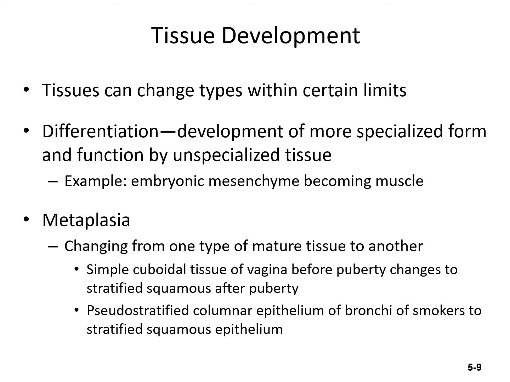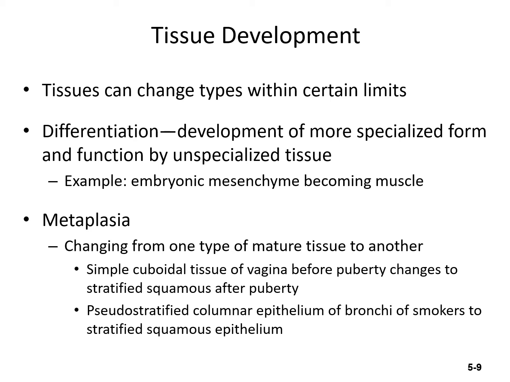So you sometimes have normal functionality in the case of a girl who has gone through puberty. That's going to allow for intercourse and childbearing to take place with this change in tissue type. And then in the other case, we have a loss of functionality.